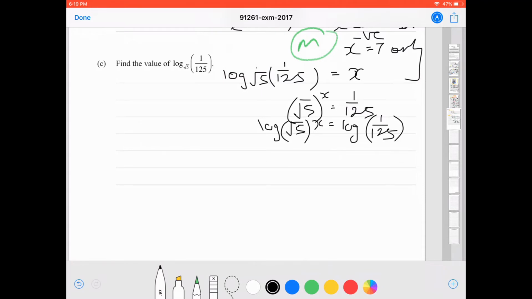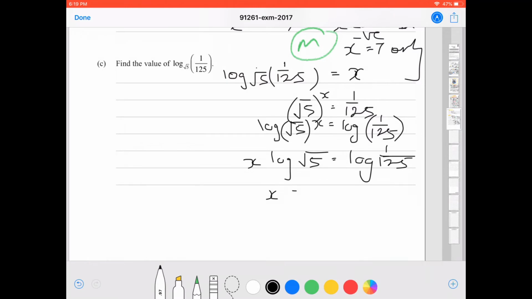And so another one of our log rules, if something is being raised to the power of x, we can say x is a factor here. We can say x log root 5 equals log of 1 over 125. And so we can solve for x here.